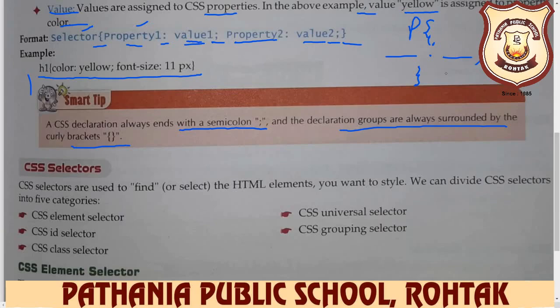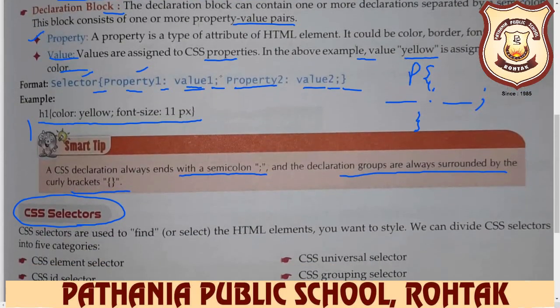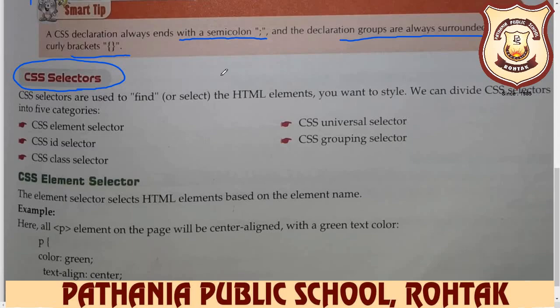How to declare CSS. CSS selector. Now we learn about the CSS selector. And what is selector? This H1 is your selector. Here selector is very important. Selectors are used to find or select the HTML element you want to style.